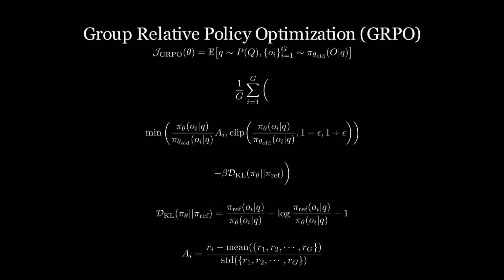The KL divergence, or Kullback-Leibler divergence, is defined as the ratio of the reference policy pi sub ref for observation O sub i, given Q, to the current policy pi of theta, minus the logarithm of that ratio, minus 1. Finally, the advantage, A sub i, is calculated as the reward, R sub i, minus the mean of all rewards in the group, divided by the standard deviation of the group's rewards.